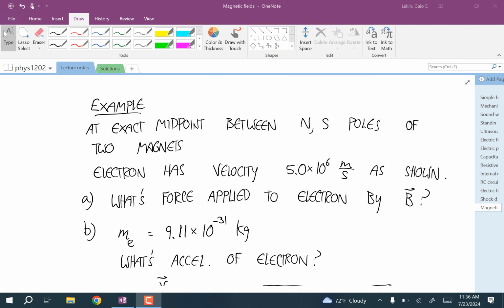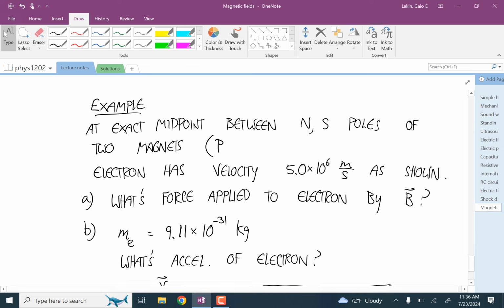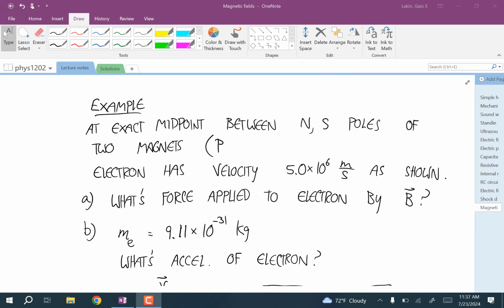And I didn't give you the strength of the magnetic field, but let's pretend that I did. I meant to. So let's say that the magnitude of the magnetic field B is 3 times 10 to the minus second Tesla.